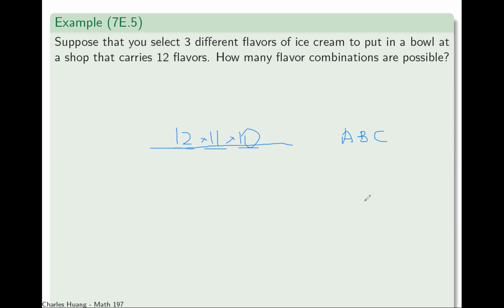We have different ways that we can get the combination of apple, banana, and cherry, right? I can have apple first, I can have banana first, I can have cherry first.